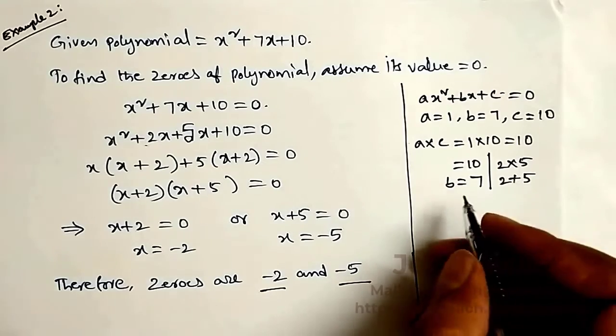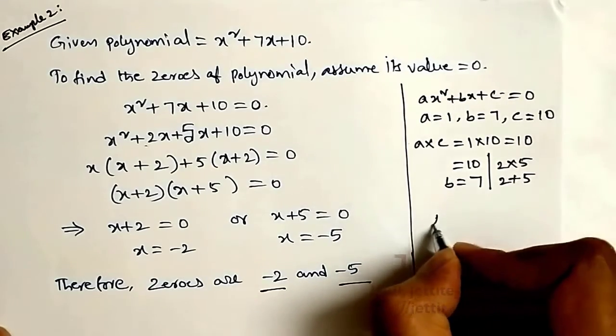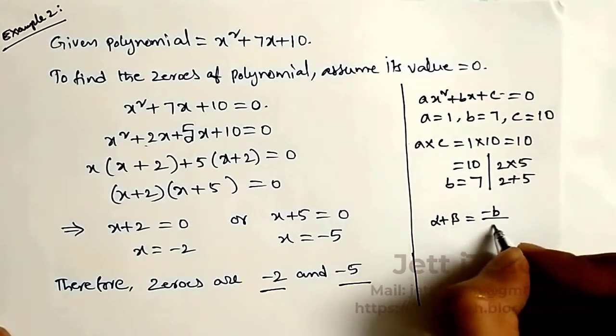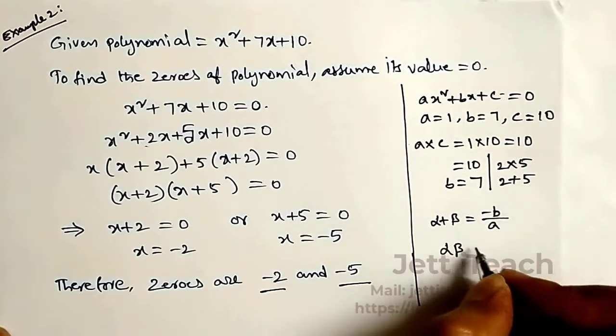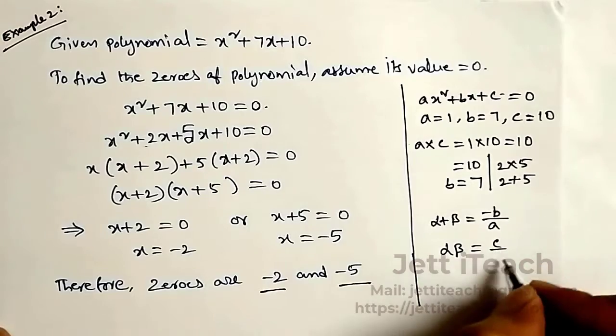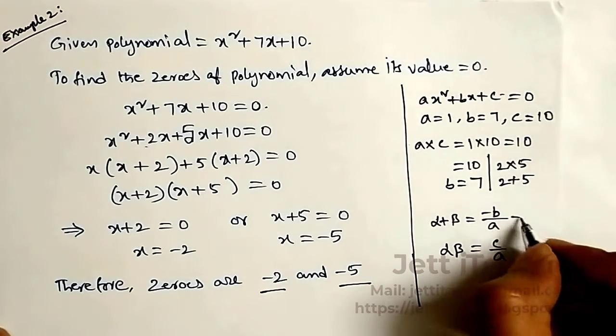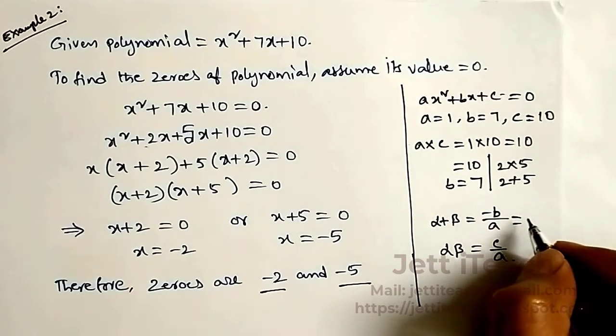Here also we know that the sum of the roots alpha plus beta equal to minus b by a and alpha beta equal to c by a. So you know that. What is the value of minus b by a?